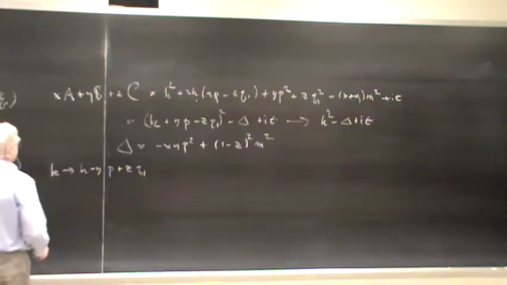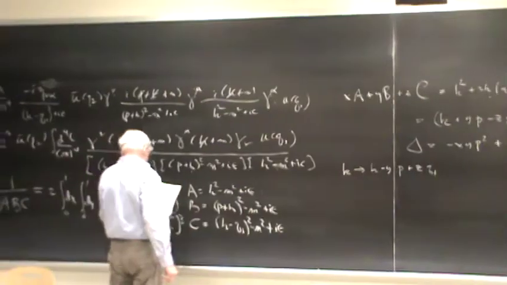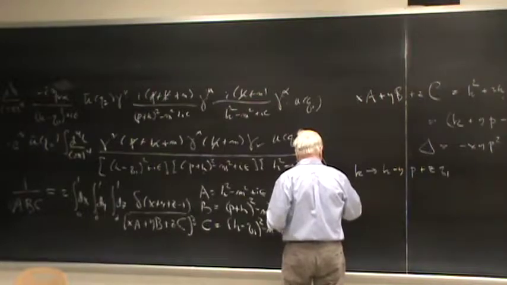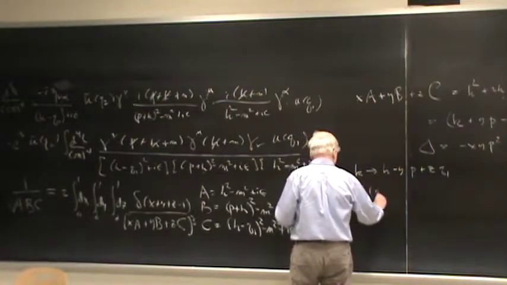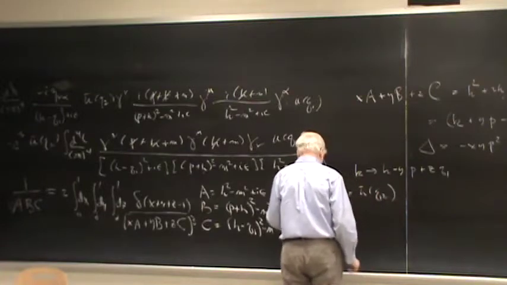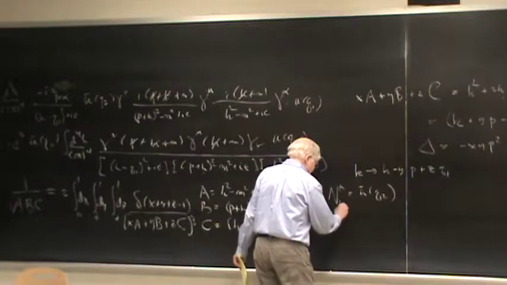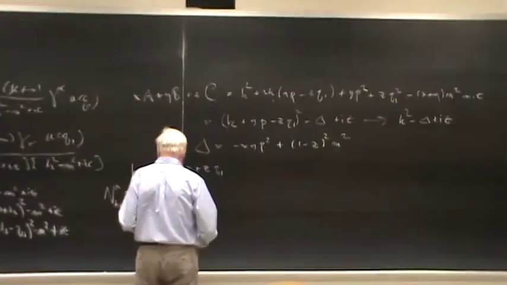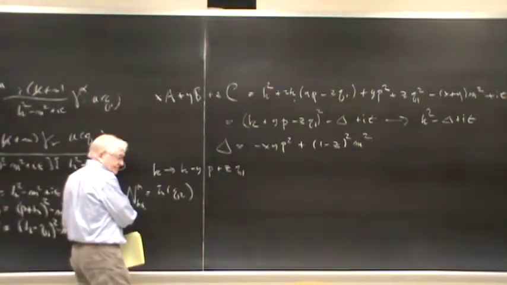Anyway, what's the numerator? Well, the numerator is this god-awful thing here, N mu, which is u bar of Q2, before shift. N for numerator.